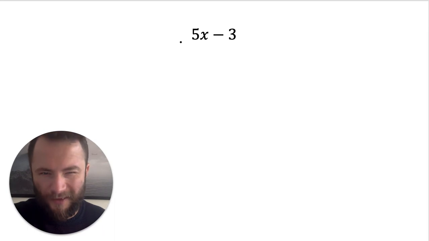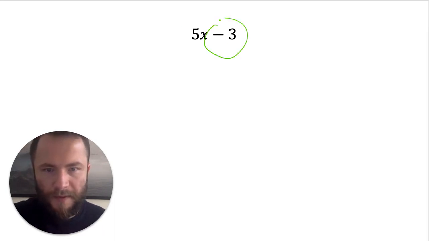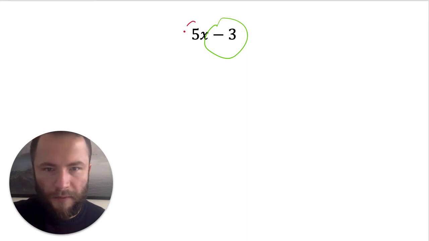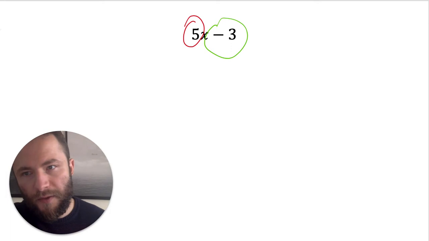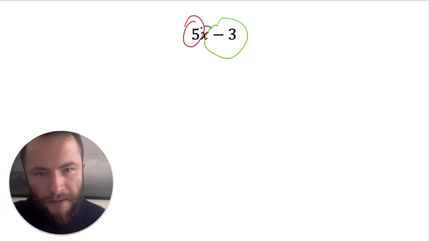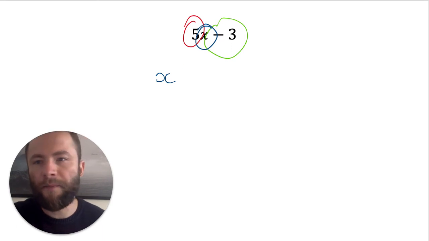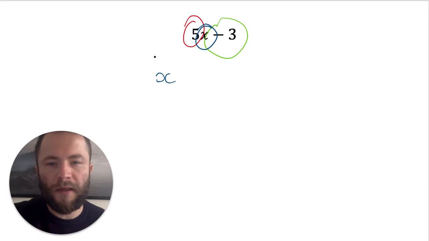In this case, we have an algebraic expression that consists of some specific elements. I'm going to circle them separately so that we can talk about them. The first element is the variable. A variable is essentially a way that we describe some sort of quantity, and that quantity can take any value whatsoever.